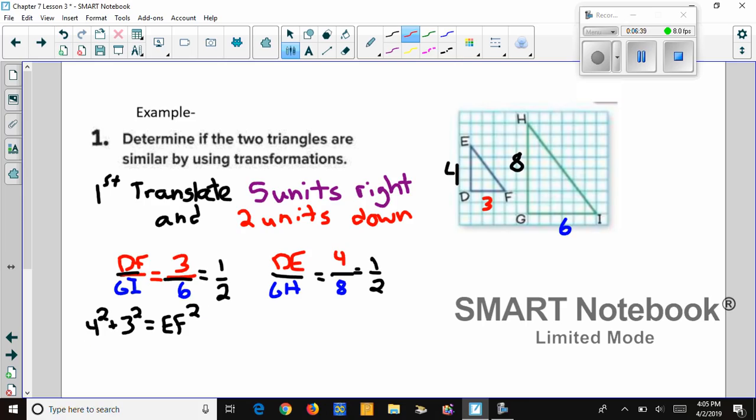Let's see, 4 squared is 16 plus 9 equals EF squared. 16 and 9 is 25.